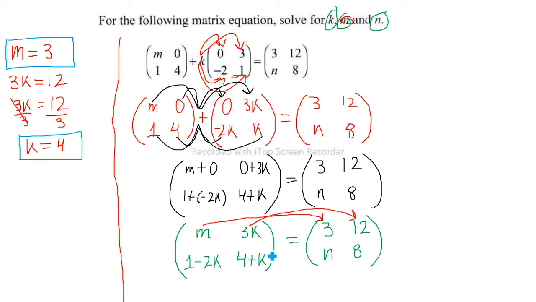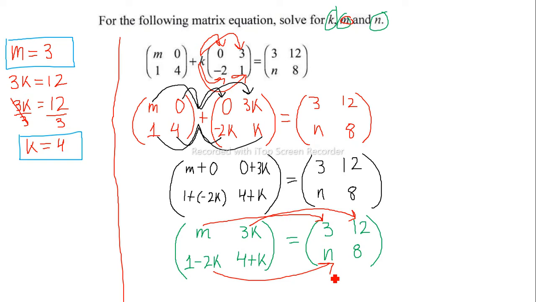And then finally, well, we already know what k is supposed to be, so that's good. n, though, we need n. So let's look at this. This one is 1 minus 2 times k. So this and n must be equal, right?